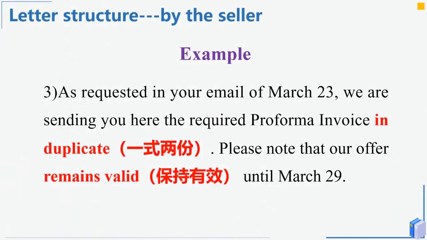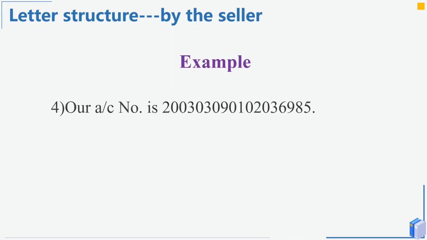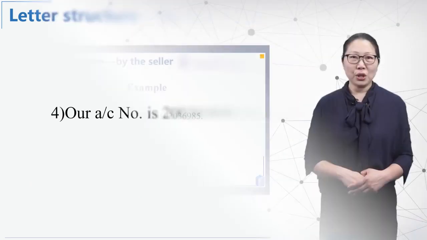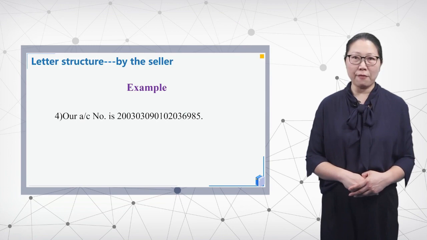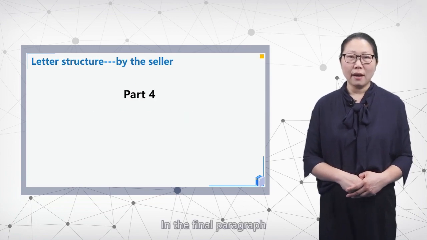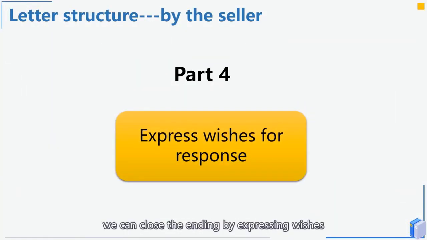Please note that our offer remains valid until March 29. Our account number is 2003-0309-01-02036985. In the final paragraph, we can close the ending by expressing wishes for response.